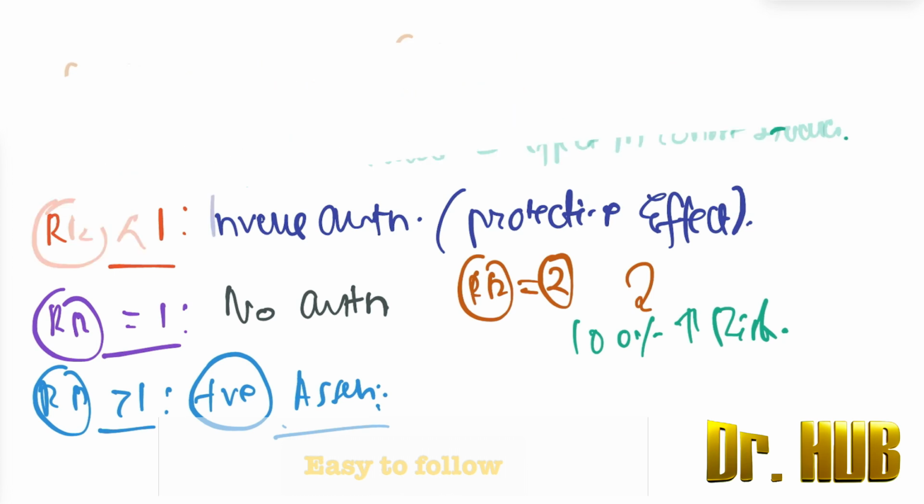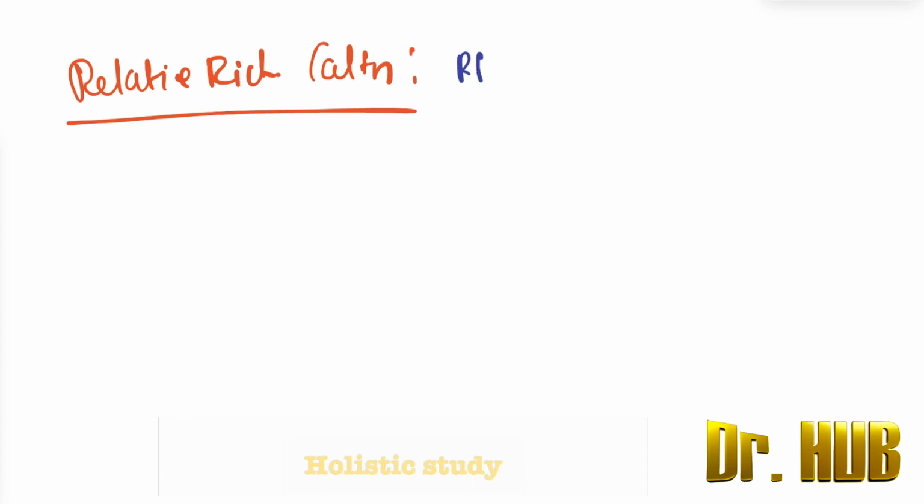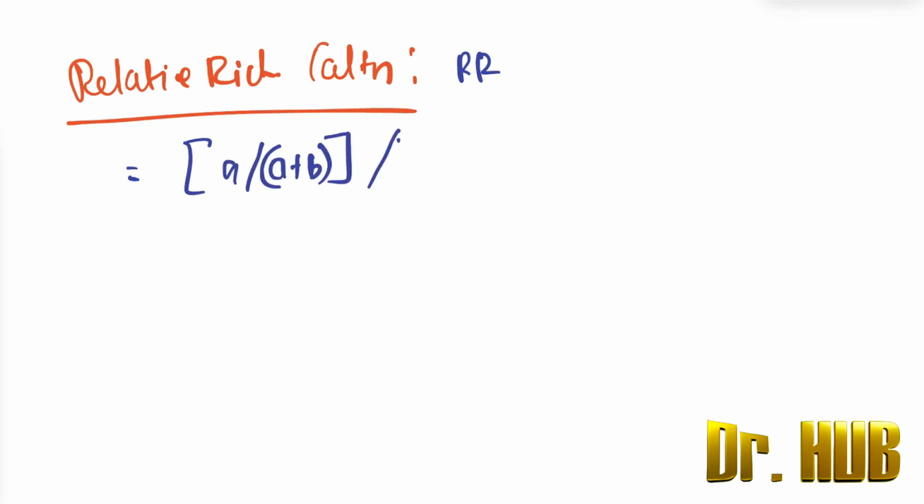Next, let's look at the relative risk calculation. How do you calculate the relative risk? RR is equal to A by A plus B, divided by C by C plus D. So this is the formula.